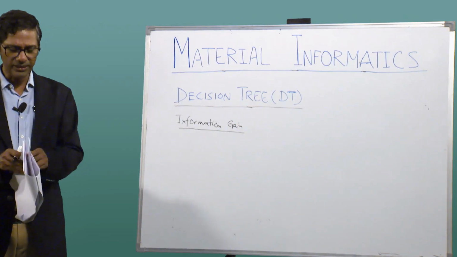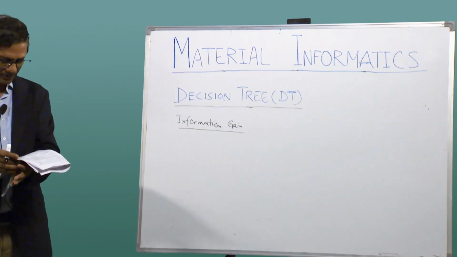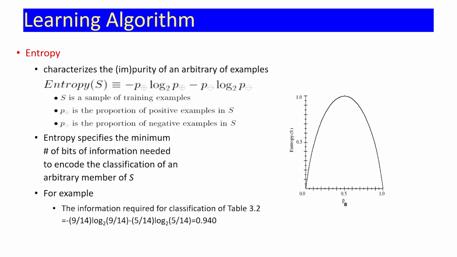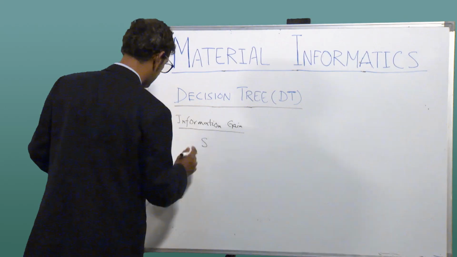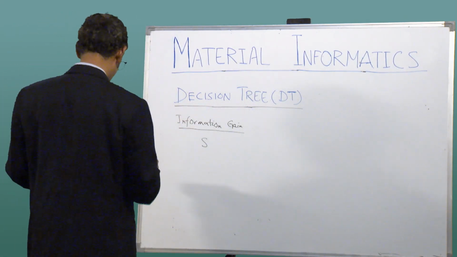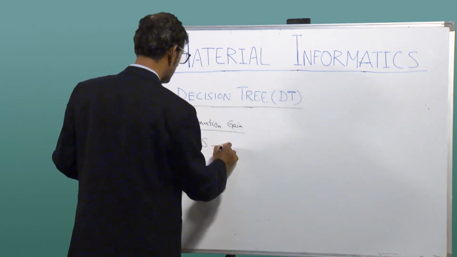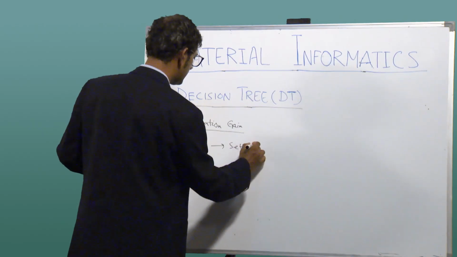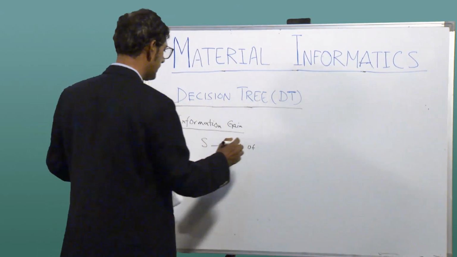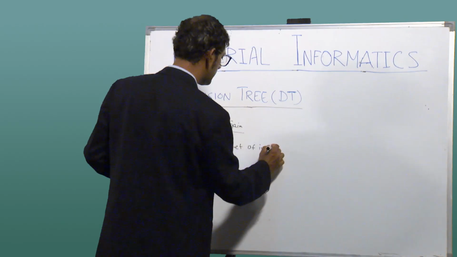Okay. Let me write down the equation, that is what is very important. Suppose I have a set S, and set S has a set of instances, instances means data.